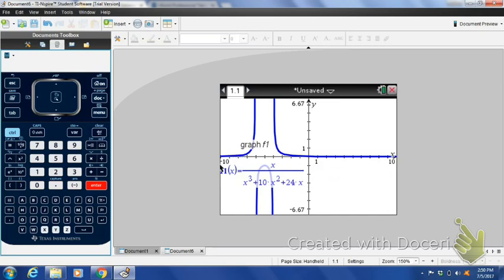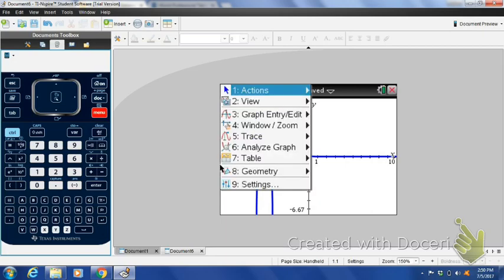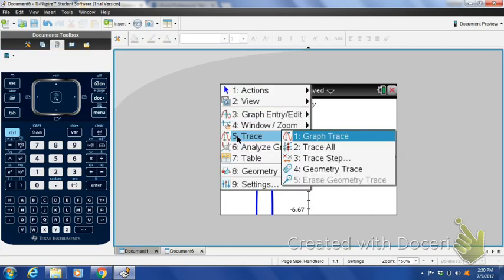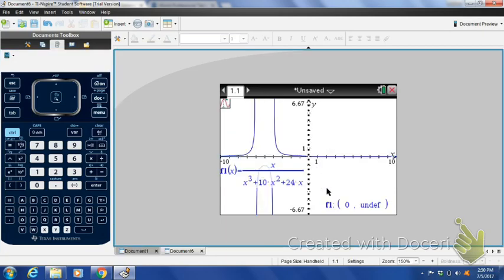There's actually another domain restriction here. If I hit menu, trace, graph trace, I find the other one, 0, undefined. If you hit to the right, when you plug in 3 into the function, you get 0.016. But when you plug in 0 into the function, you get undefined. That's because 0 is a zero of the denominator.